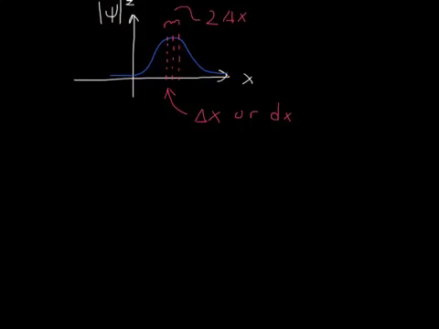So probability, yes, it's proportional to wave function squared, but it's also proportional to the amount of distance that you're looking at. So it's proportional to two things, the wave function squared times the distance. So we can write down something else that's called, not probability, but it's called the probability density.